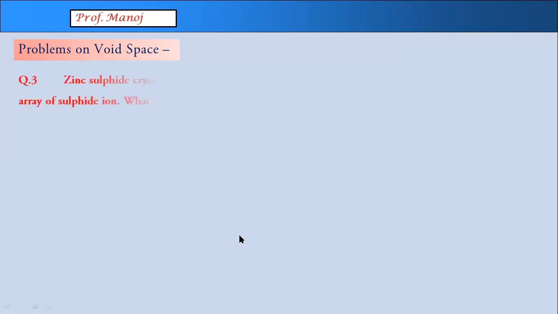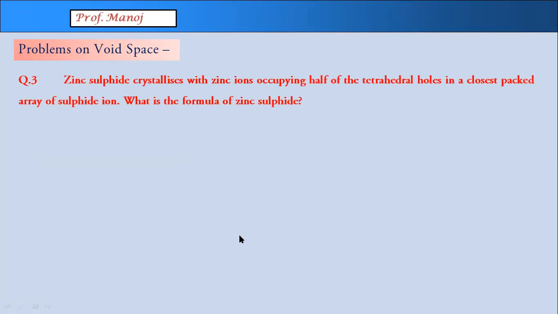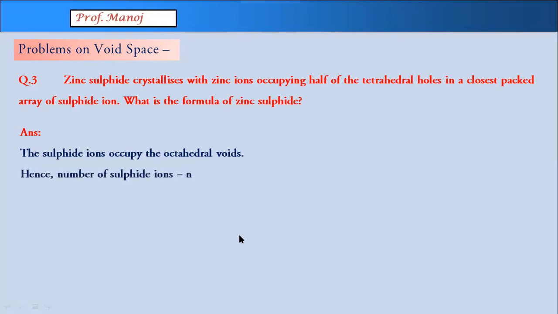Let us take another one based on this. Zinc sulfide crystallizes where zinc ions are occupying half the tetrahedral holes. Closed array packing is of sulfide ion. What is the formula of zinc sulfide? So let us see step by step. Sulfide ions are occupying octahedral voids. So let us say number of sulfide ions are n.